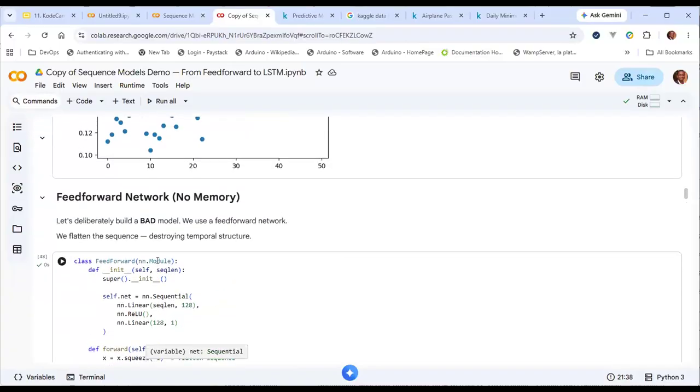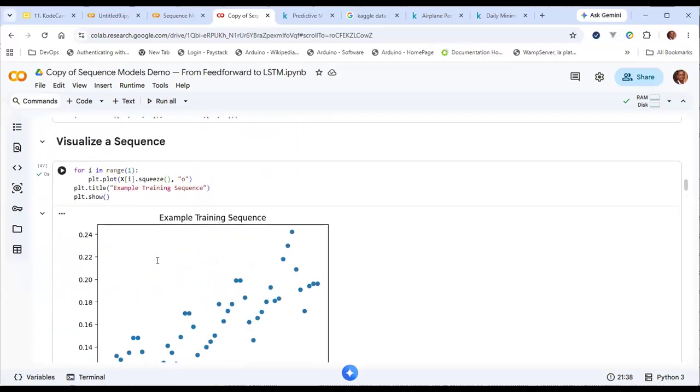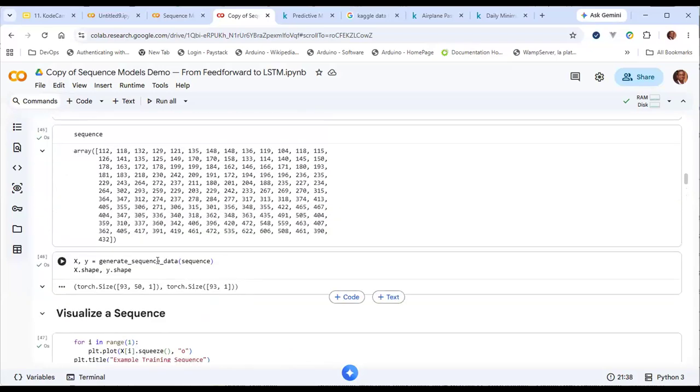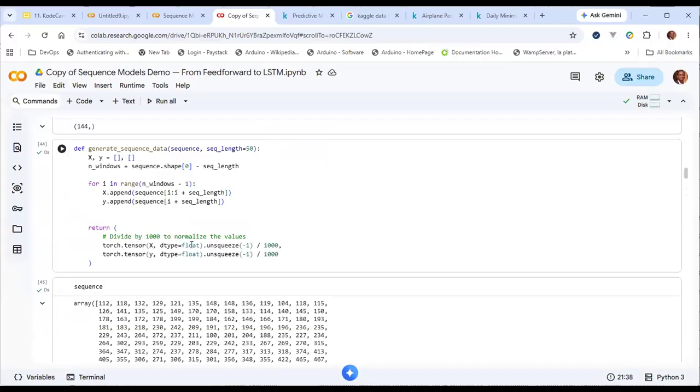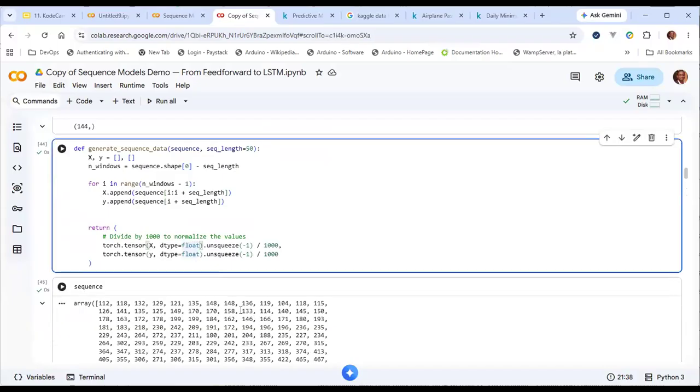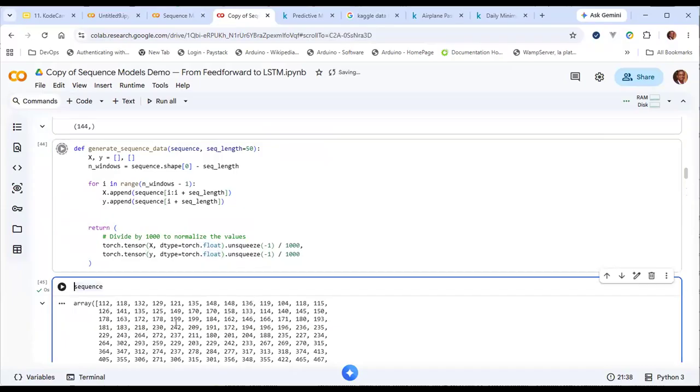Okay, it's because I specified Python's float. So I should have used torch.float, right? Torch.float is float 32, while Python's float is float 64.